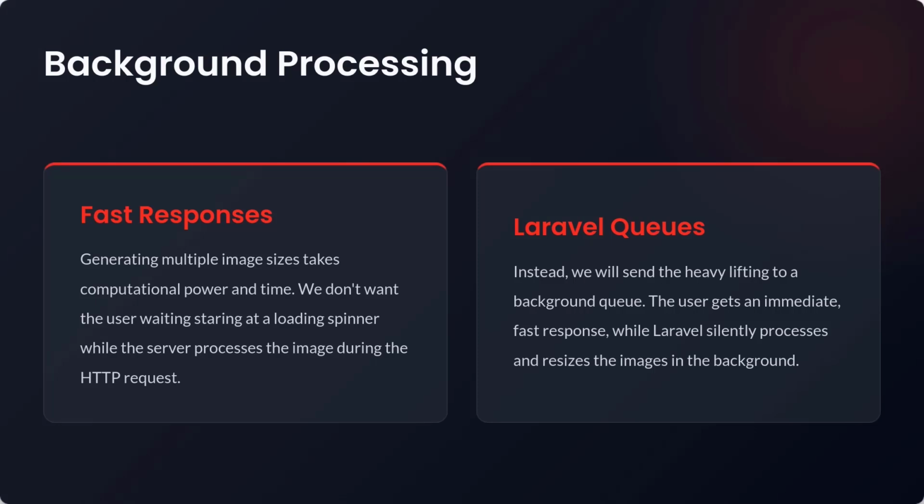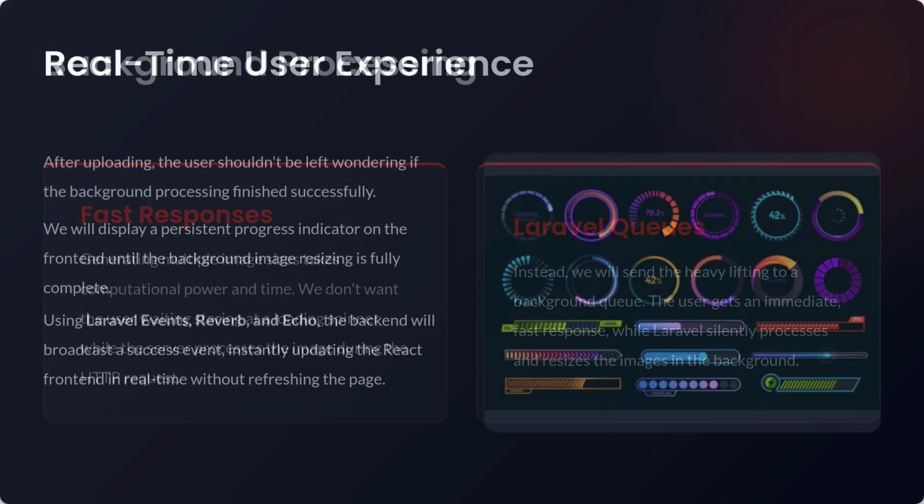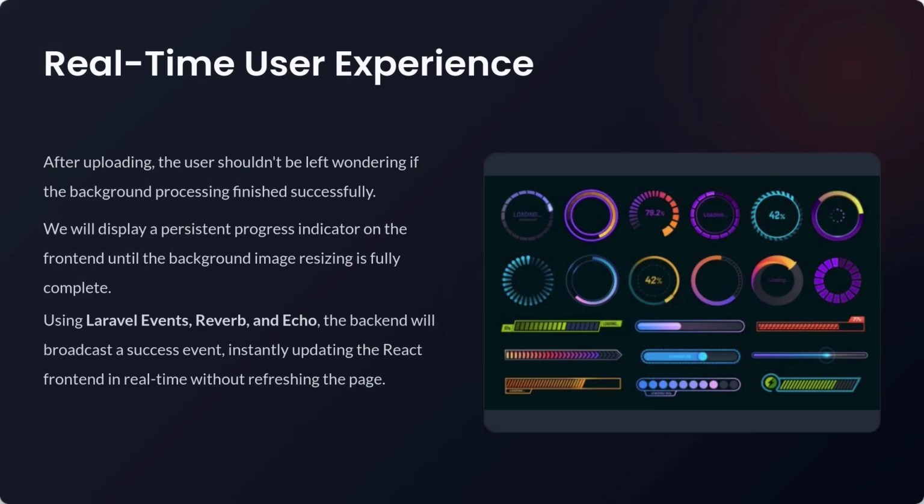But there's still one more thing we can improve. After the user uploads an image, we don't want them wondering whether everything finished successfully. We're going to display a progress indicator while the upload is happening. The progress won't stop when the file reaches the server.